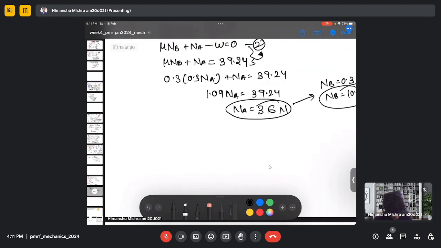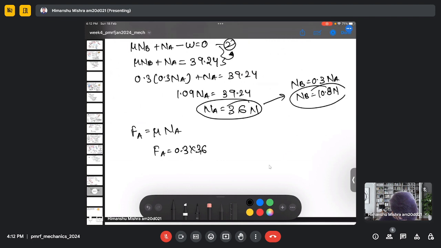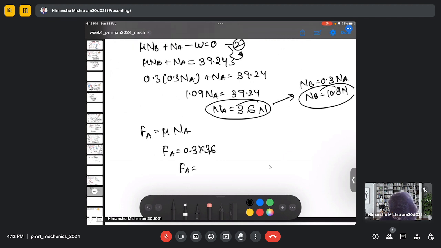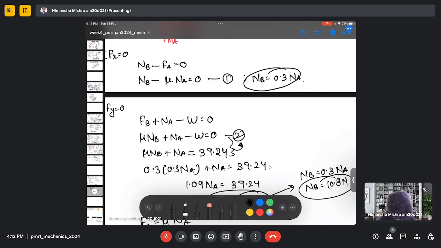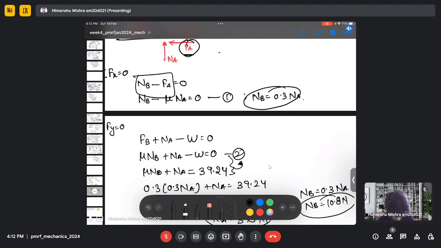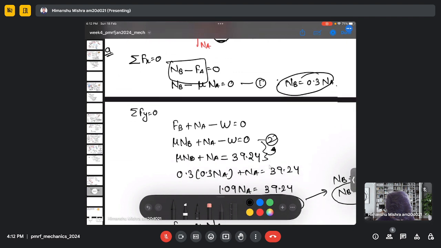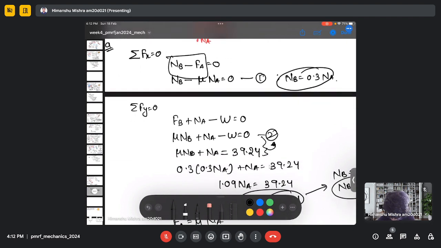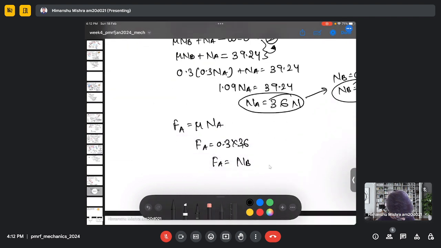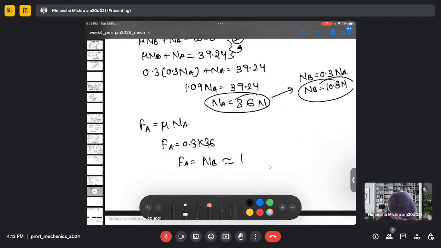So my FA will be mu NA, so it will be 0.3 multiplied by 36. So it will be equal to NB, which is basically this equation, which is 10.8 Newton.